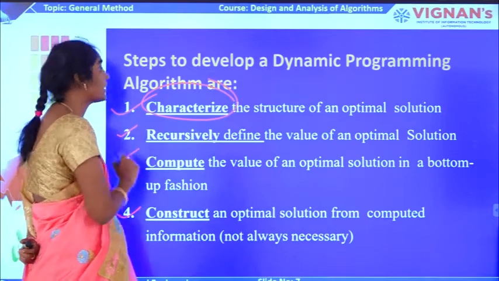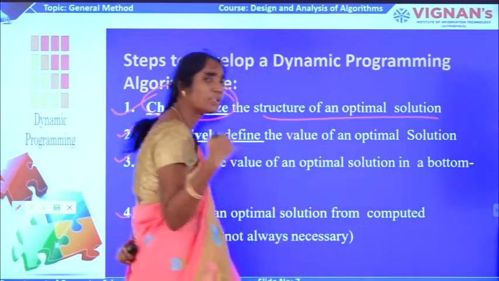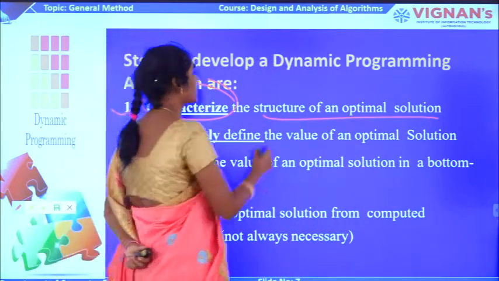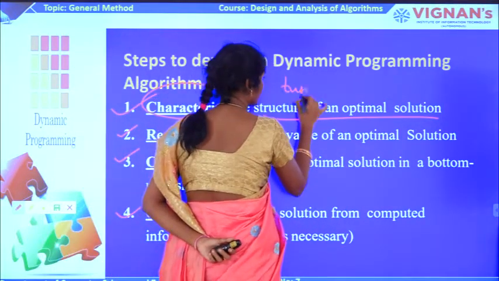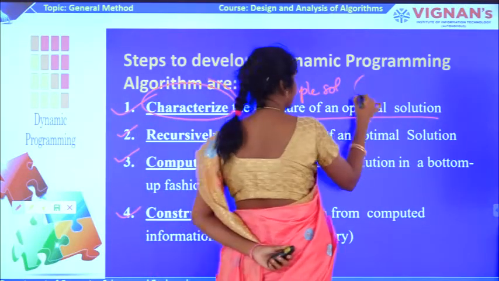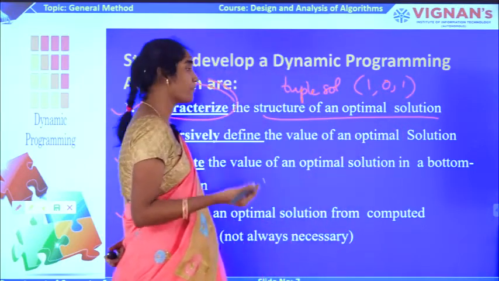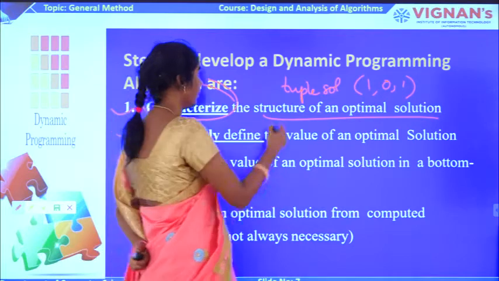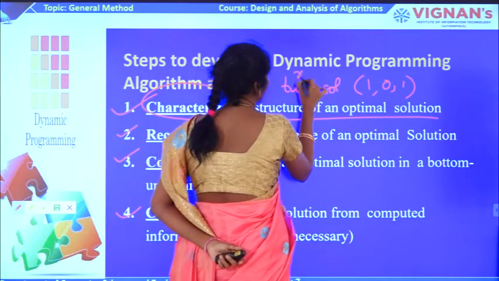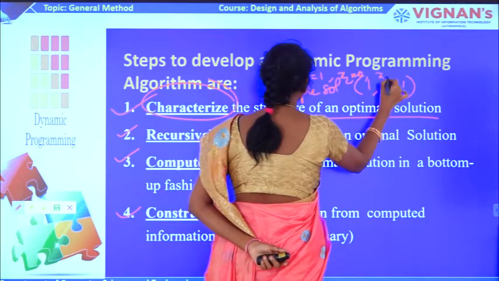So the first one is to characterize the structure of an optimal solution. In which structure? For example, a tuple solution. If I want to represent a tuple solution, it can be like this: 1, 0, 1. Otherwise, if I want another solution of variable type, then x1 is equal to 1, x2 is equal to 0, and x3 is equal to 1.